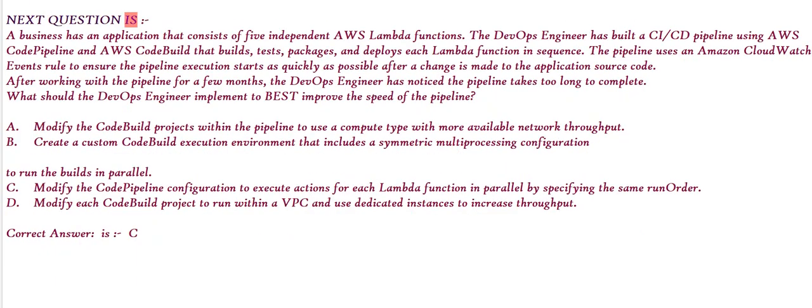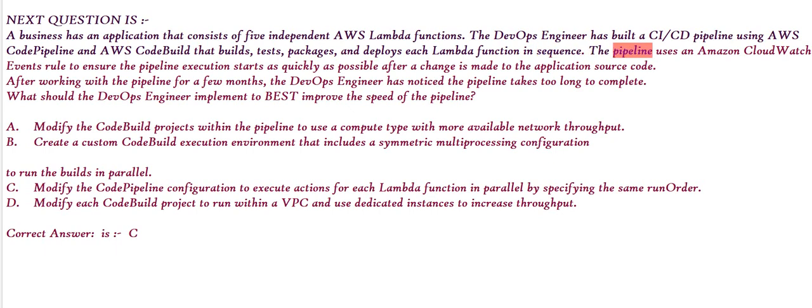Next question is: A business has an application that consists of 5 independent AWS Lambda functions. The DevOps engineer has built a CI/CD pipeline using AWS CodePipeline and AWS CodeBuild that builds, tests, packages, and deploys each Lambda function in sequence.